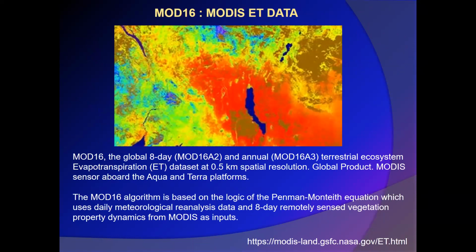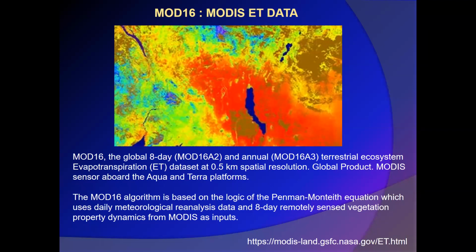MODIS, the MODIS platform that's available, has a large number of satellite-based products that are available online. And one of the MODIS products that is available to us is the MODIS ET data set. It's called MOD16, and it's got a specific 8-day temporal resolution at 0.5 kilometer spatial resolution.